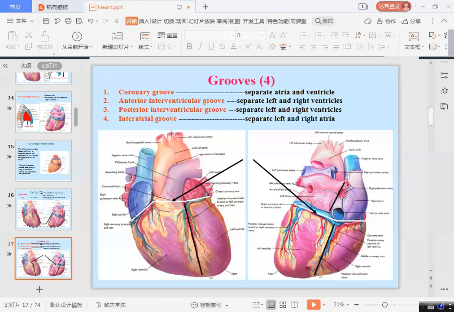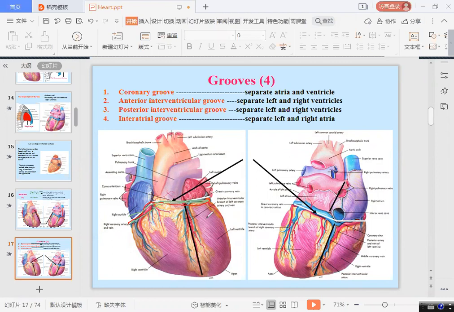This coronary sulcus divides the heart from the upper part to the lower part, or simply we can say it divides the atria from the ventricles.